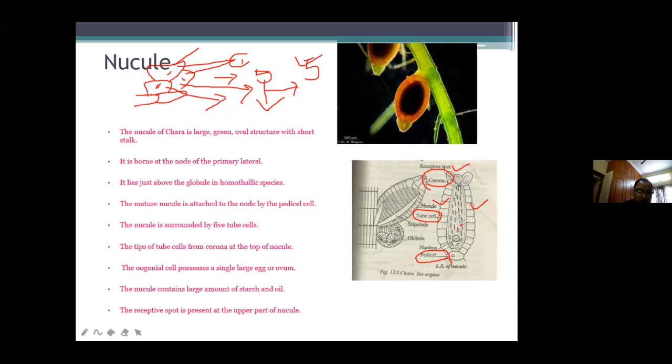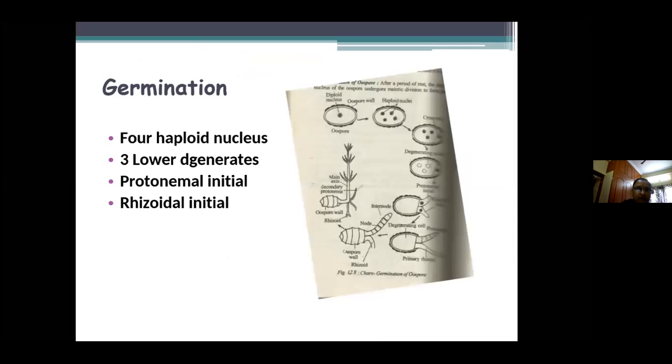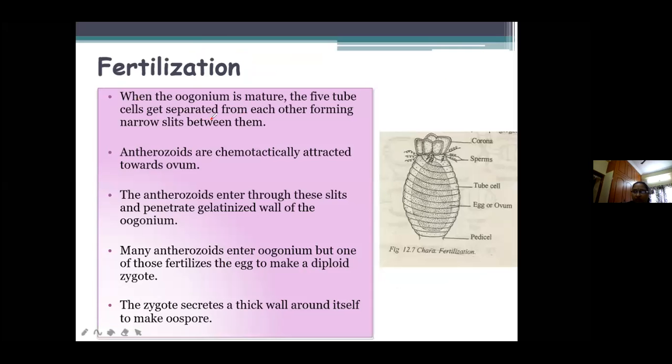అయితే ఇంకొకటి ఇక్కడ చూడండి మా, ఎప్పుడైతే చలన పురుష బీజాలు, ఫర్టిలైజేషన్. Fertilization ఏంటంటే, బైఫ్లాజెల్లేట్ ఆంథ్రోజాయిడ్ చెప్పాను కదా, గ్లోబుల్ ఆంథ్రోజాయిడ్ ఫామ్ అయ్యాయని. Each and every globule has biflagellated anthrozoids.